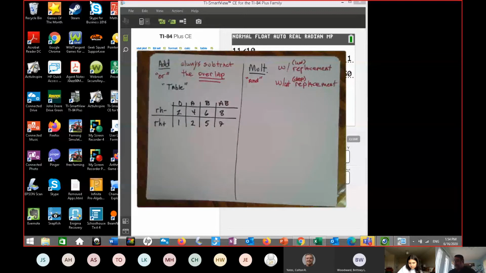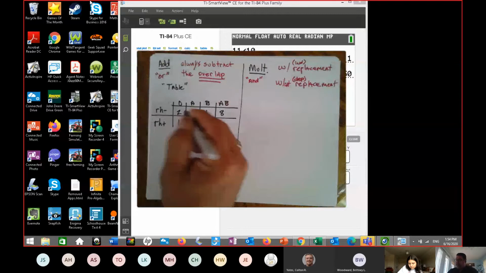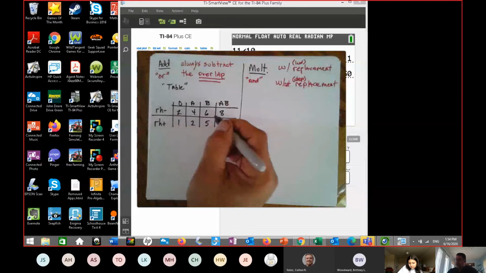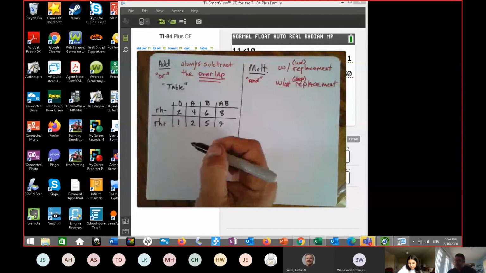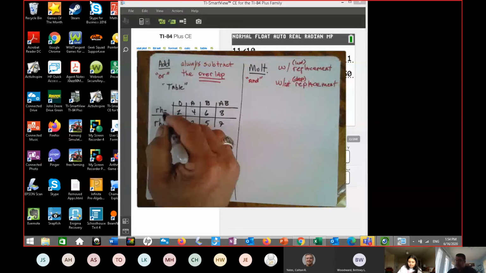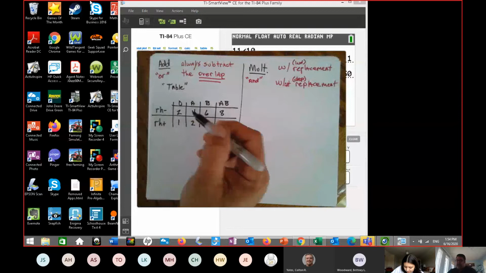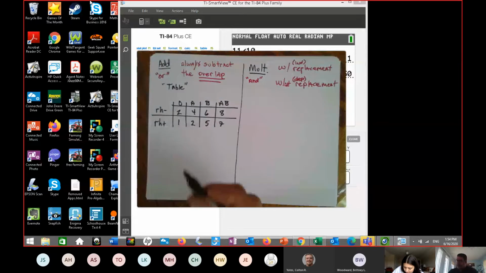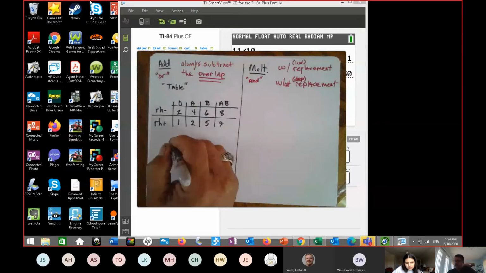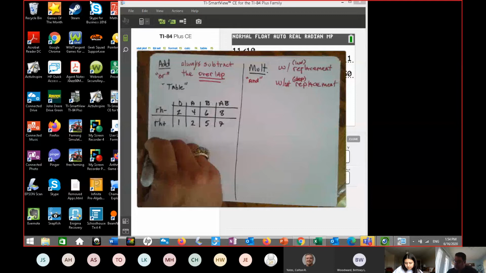I'm going to make up one right now. What is the probability, if I put all these people's names on a piece of paper and put them in a hat, RH negative and O, RH positive and O, on slips of paper, of getting O or B?